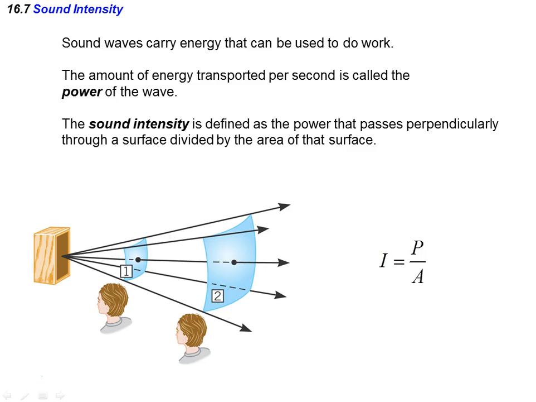Looking at this diagram of two people standing next to a source of sound, some speaker, the area of region 1 is much smaller than the area of region 2, and so the intensity is going to be lower at 2 than it is at 1, even though the power output may be the same.